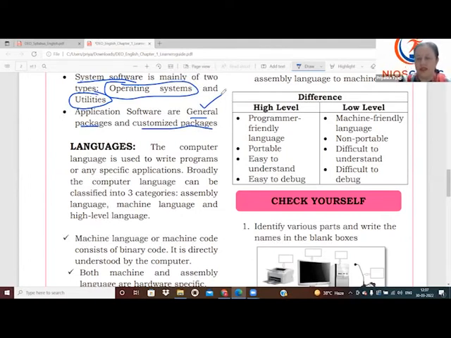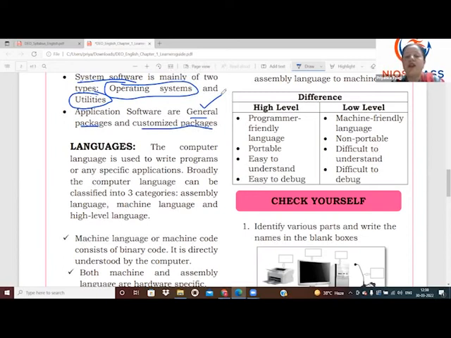Suppose I take the example of banking software, where there are different banks like Punjab National and ICICI. Is it possible for ICICI bank software to be used in another bank? No, it is not possible, because it is totally specified for a single organization. So these kinds of software are customized packages.